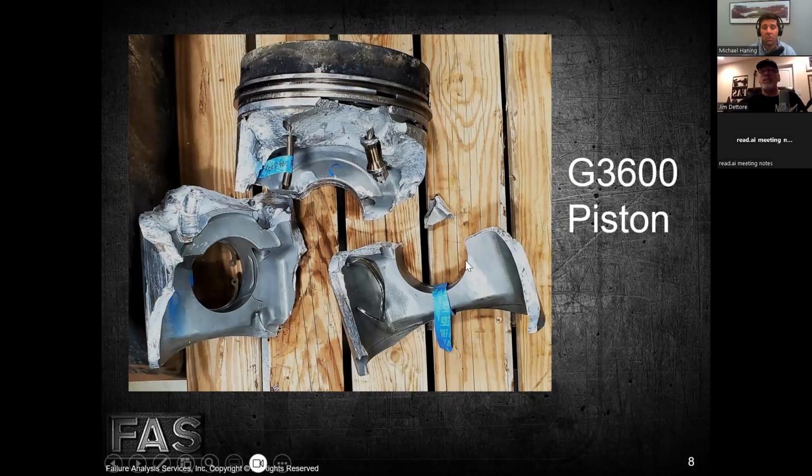So the skirt sticks in the bore, and the connecting rod is still trying to push the piston up and down. So it basically tries to pull the connecting rod away from the piston via these areas here, because the wrist pin is running through this area here over into this area here. As this sticks and the crank's still pushing that connecting rod up and down, it rips the piston apart. So this is fairly catastrophic on a 3600 piston, I would say.